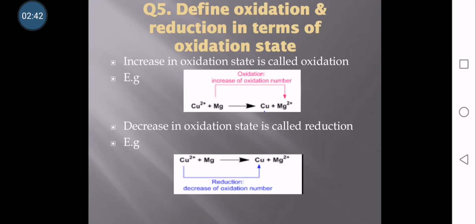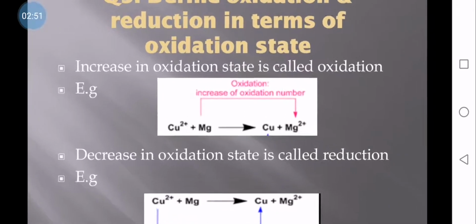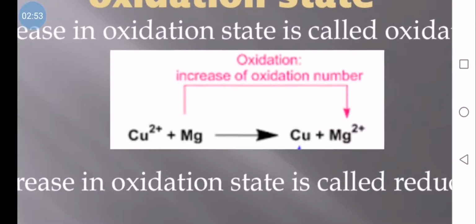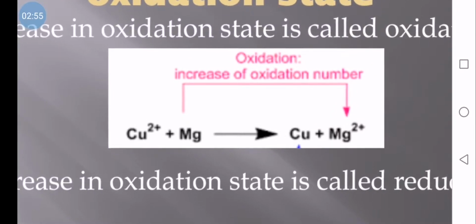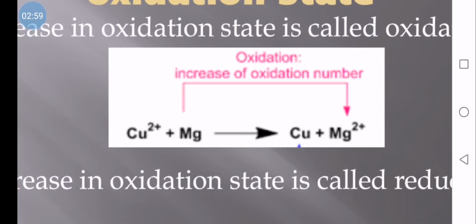Now oxidation and reduction in terms of oxidation state. Increase in oxidation state is called oxidation and decrease in oxidation state is called reduction. Here you can see magnesium from its zero oxidation state turns into Mg2+ by losing 2 electrons, and this is called oxidation, an increase of oxidation number or loss of electrons, as seen on the previous slide.